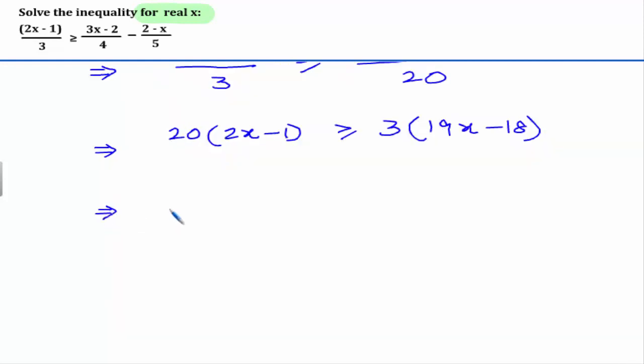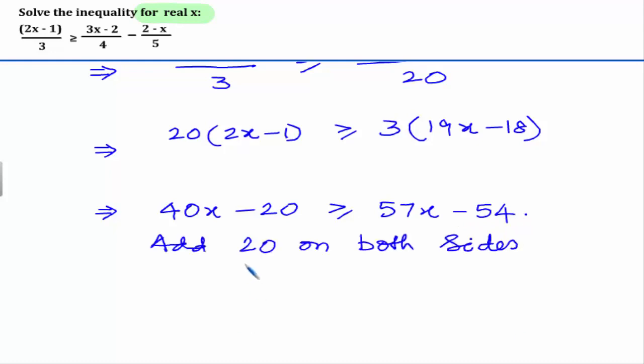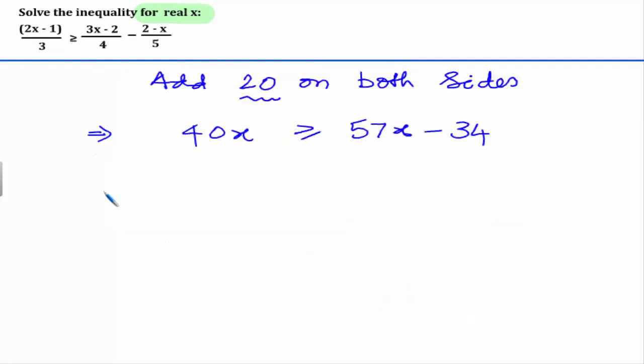Here we get 40x minus 20 is greater than or equal to 57x minus 54. Now let us add 20 on both sides because here is minus 20, so that they both get cancelled. So we are left with 40x greater than or equal to 57x, and 20 added to minus 54 will give us minus 34.